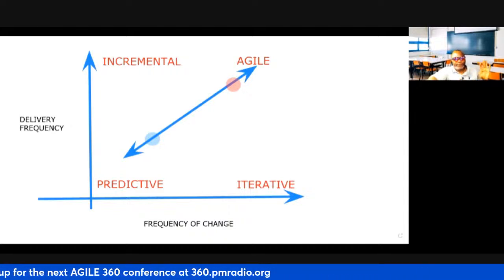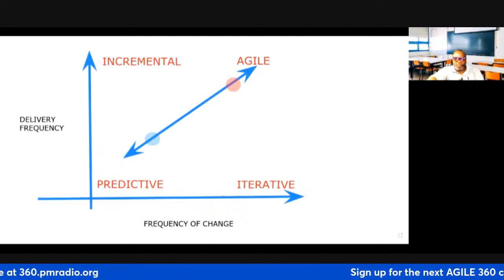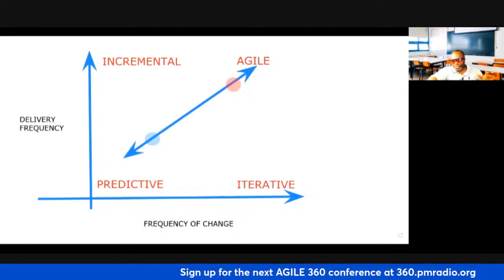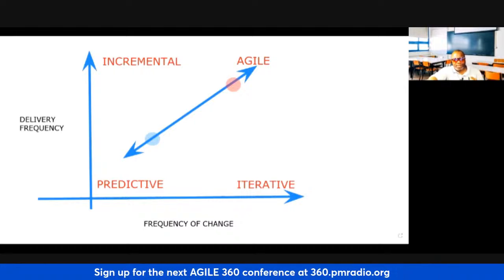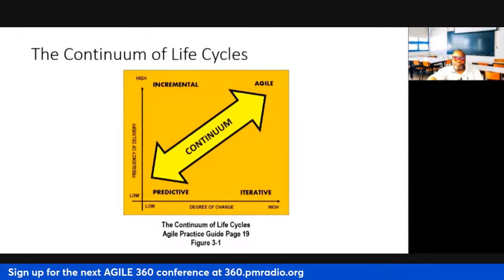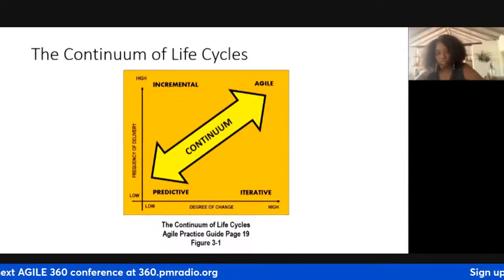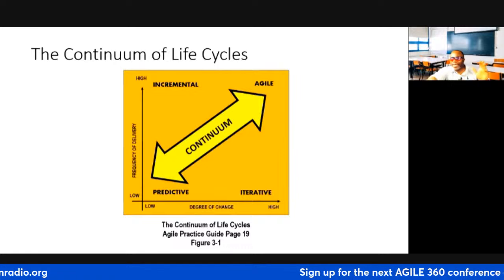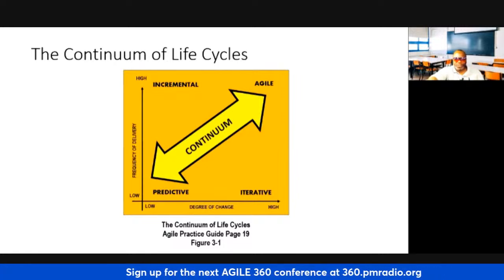PMI has 4 hybrid models. And the 4 hybrid models, again, they pretty much follow. Now, I'm showing you slides that are not in our regular deck. But to illustrate the hybrid model, hybrid means you're not anywhere in any one particular quadrant for the entire project.